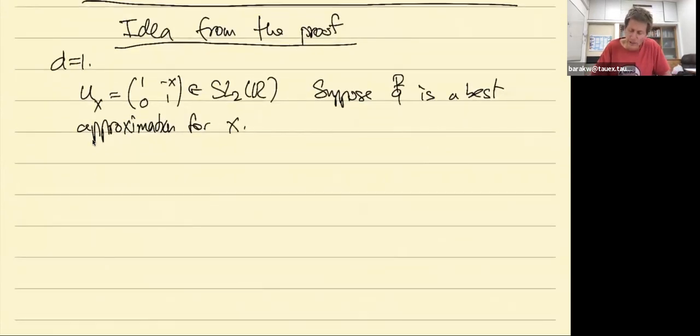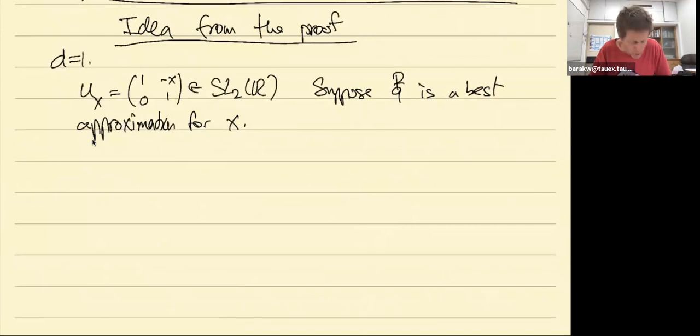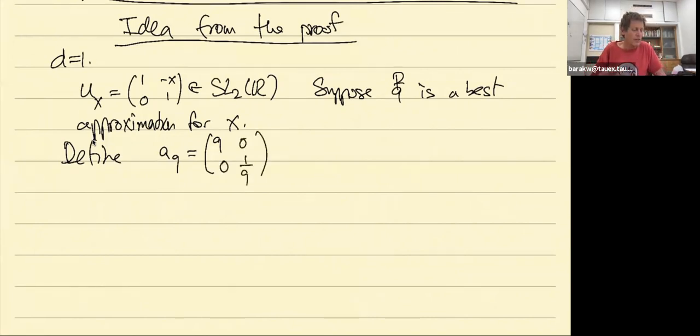I'd like to formulate that in terms of the space of lattices, SL2(R) over SL2(Z). So let me define a matrix A_Q. It's a diagonal matrix. It's got Q and 1 over Q on the diagonal.